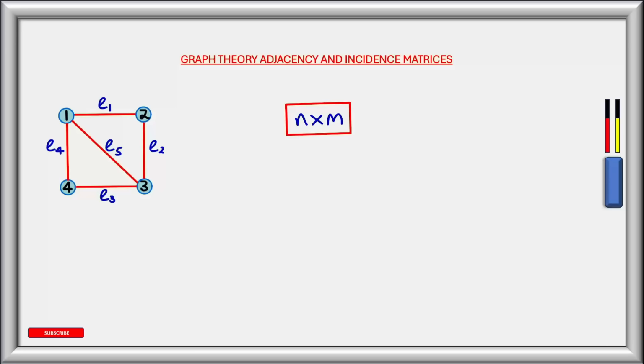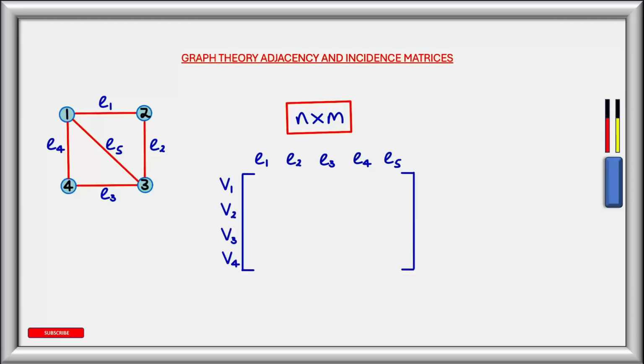Let's now build an incidence matrix for the graph on the board. So to help our understanding, I've labelled the rows V1 to V4, representing vertex 1 to 4, and columns E1 to E5, representing the edges E1 to E5. So let's go through this column by column.